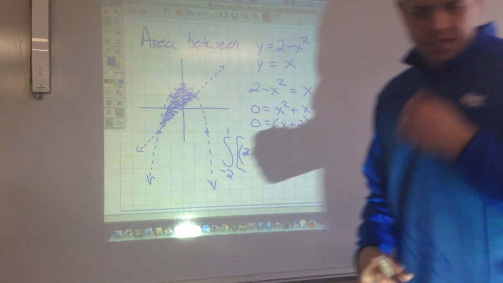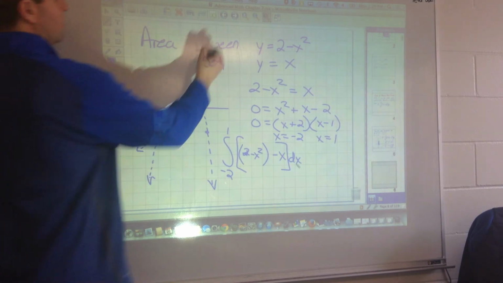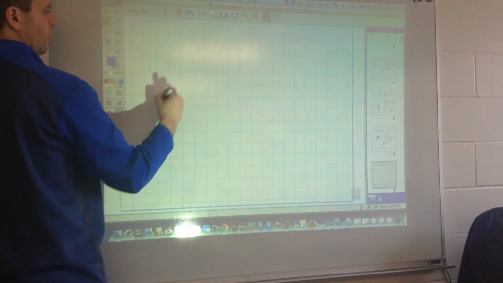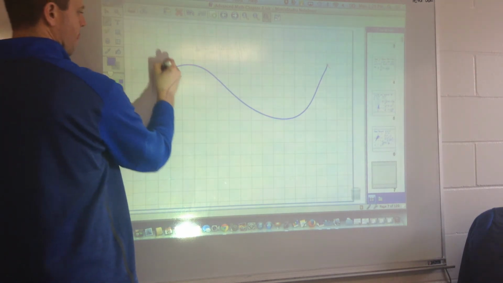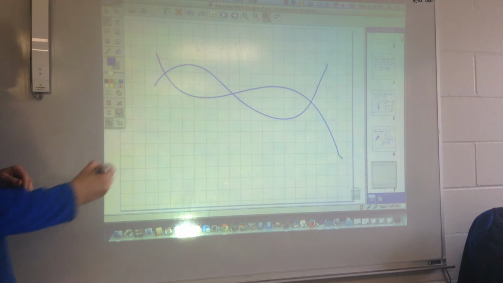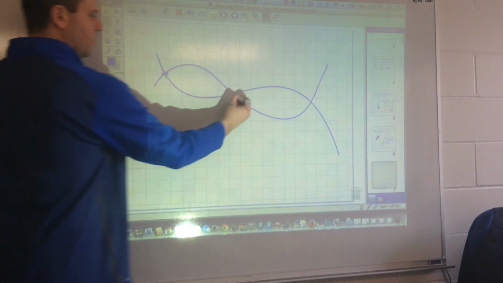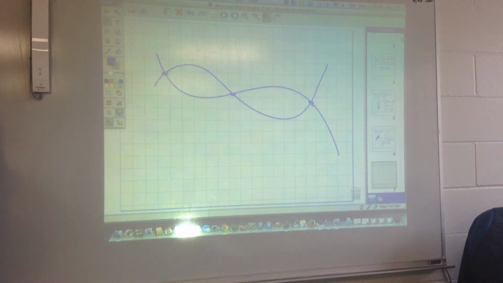The only other thing that I can think of before I stop the video here is if the curves were to intersect at more than 2 locations. So you would have to find this x value, you would have to find that x value, and you would have to find that x value.